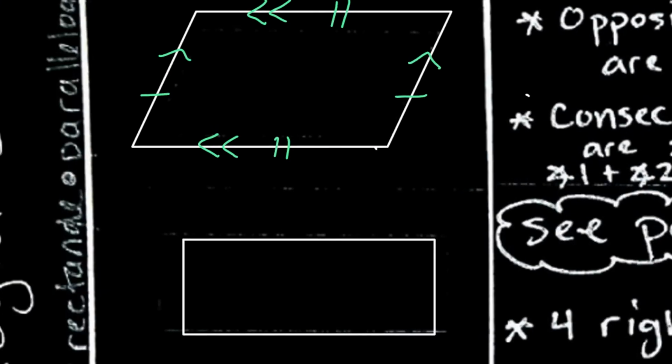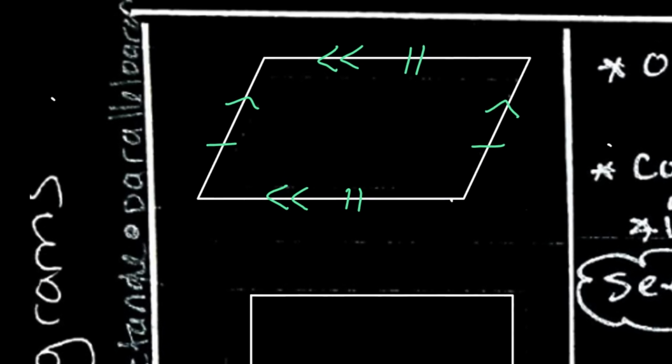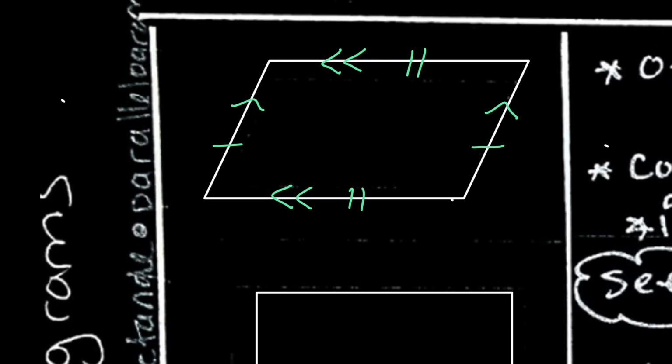Now, try not to read the properties. Try to just think. What do we know about the angles in a parallelogram? What do you think we know? Take a guess.